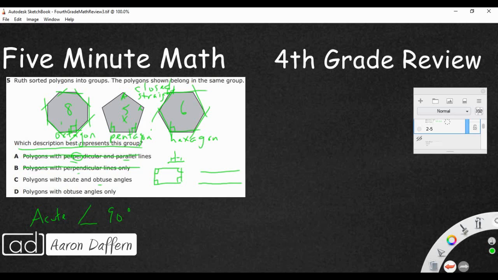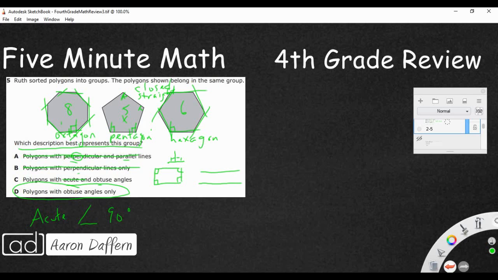So that's going to be a no, but my answer is going to be this right here. The only thing we can say about these three shapes is that they have obtuse angles only. So whenever you get into shapes that have more than four sides, you have the possibility of getting shapes that have only obtuse angles.